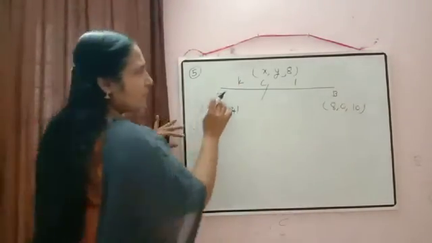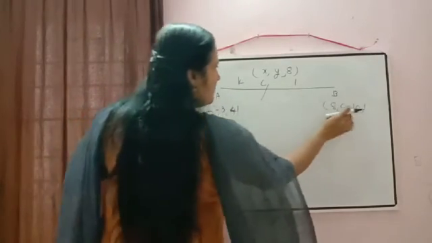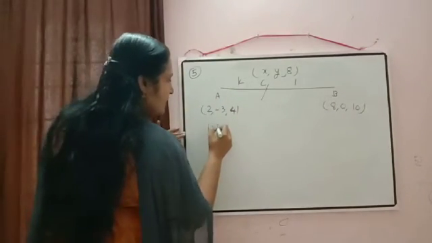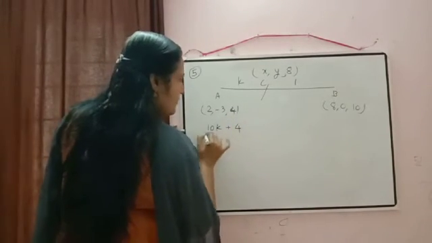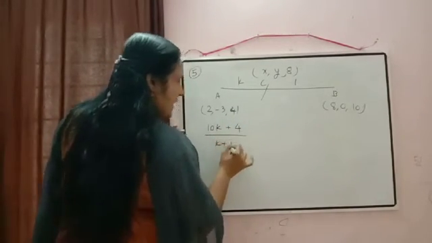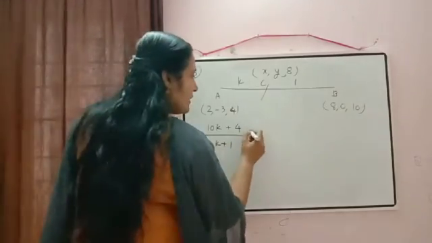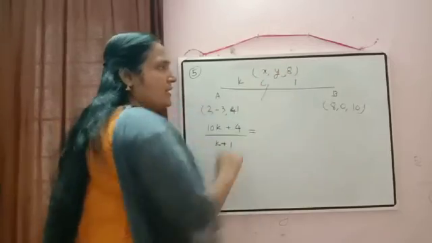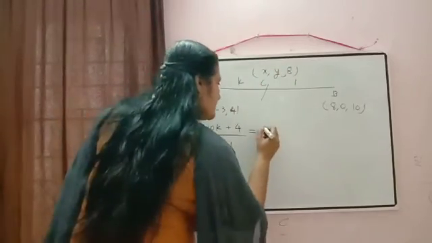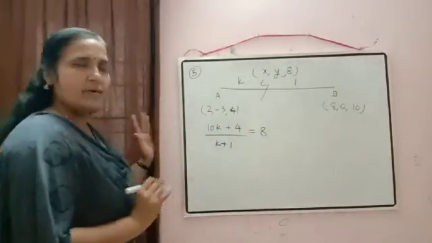So according to the formula, k into 10 plus 1 into 4, so that will be equal to 4 by k plus 1. But in the question it is already given the z coordinate of C is 8. So it is equal to 8.